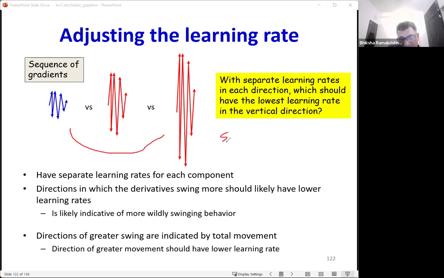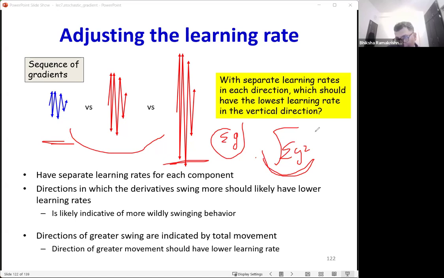But instead of taking the summation of the gradient, if I took the summation of the gradient squared and the square root, the root mean squared value is going to be much larger for this one than this one. This is going to be small for both cases because the positive and negative oscillations will cancel out. Here, it's going to aggregate, right? And so this is what we will do. That makes sense? Yes, no?